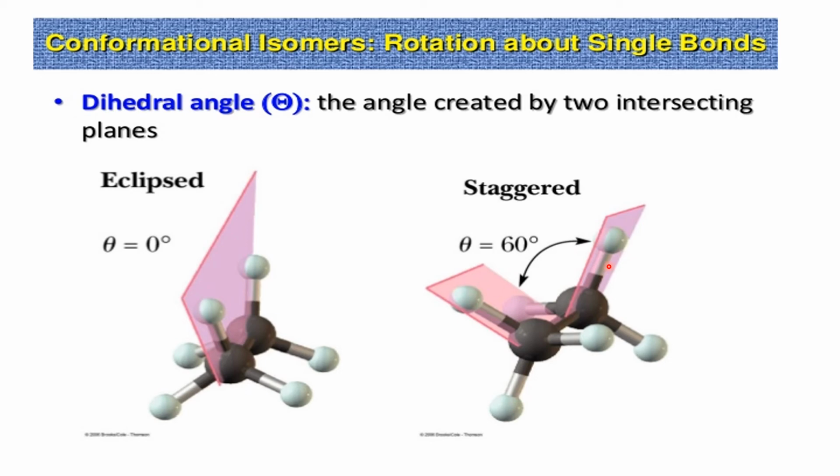That means the intersecting planes create an angle of 60 degree. So for this Stargate conformation, the dihedral angle theta is equal to 60 degree. For any conformation, we have to think about the dihedral angle, that is the angle created by two intersecting planes when carbon-carbon single bond rotation occurs.